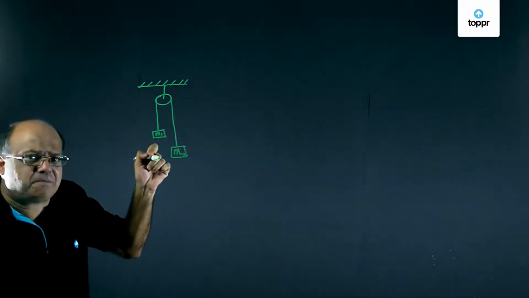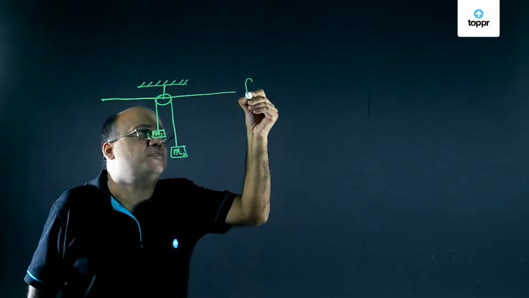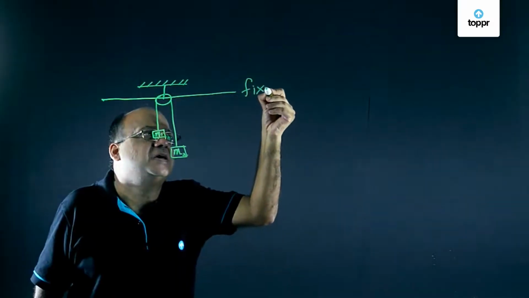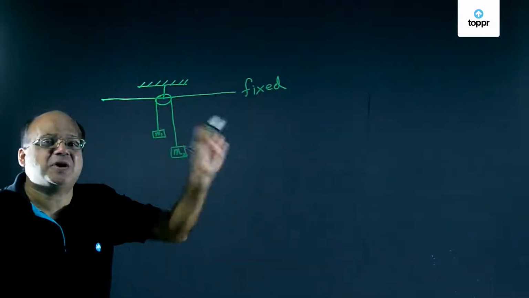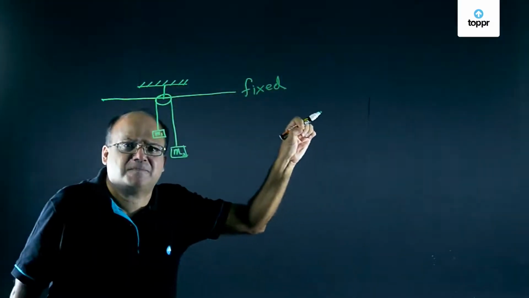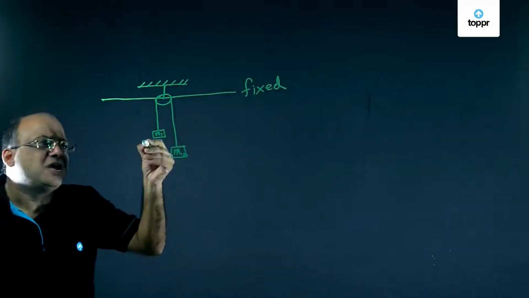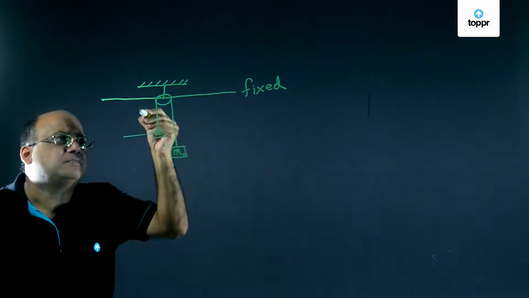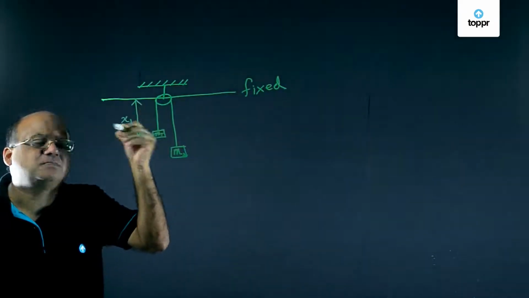The first step is to draw a fixed line at the topmost pulley. And remember, all distances must be measured from this fixed line. So everything we are going to measure from here. The distance to M1, we'll call it x1. So this is x1.